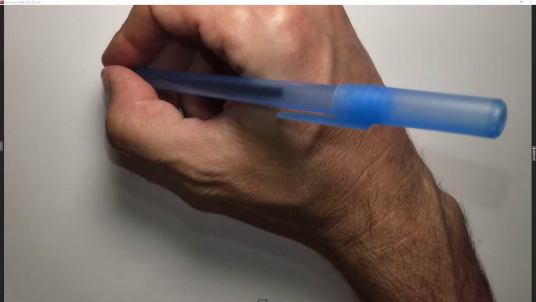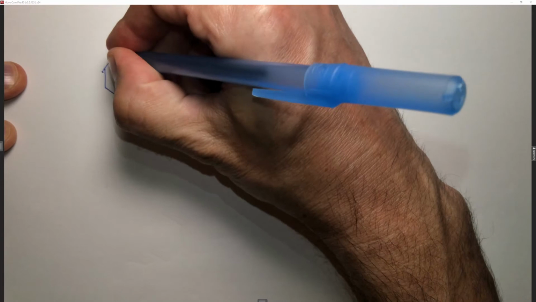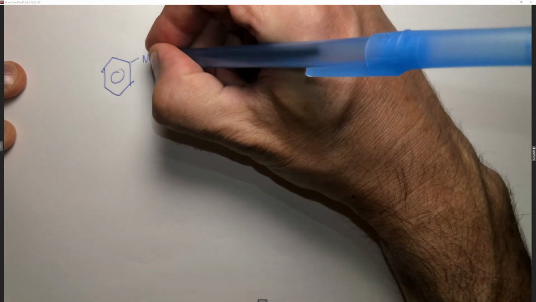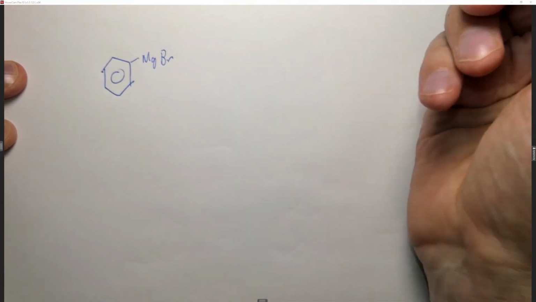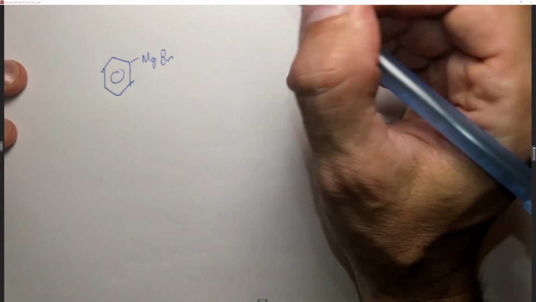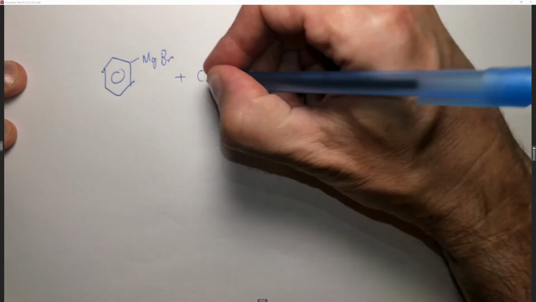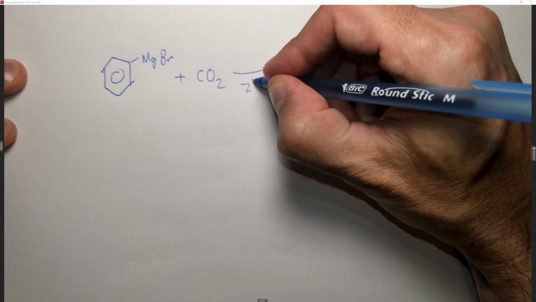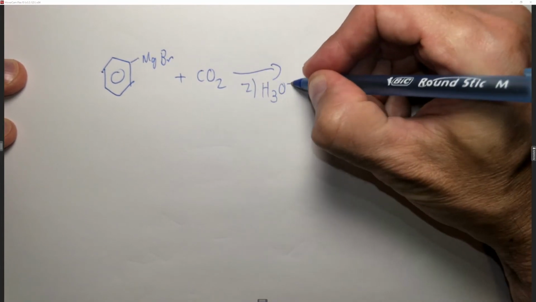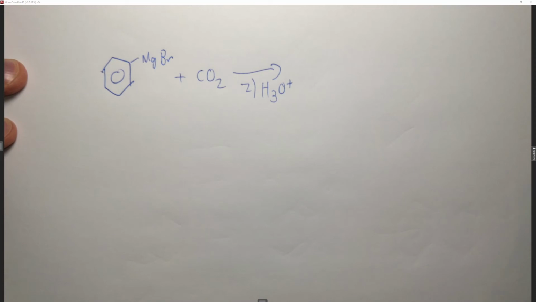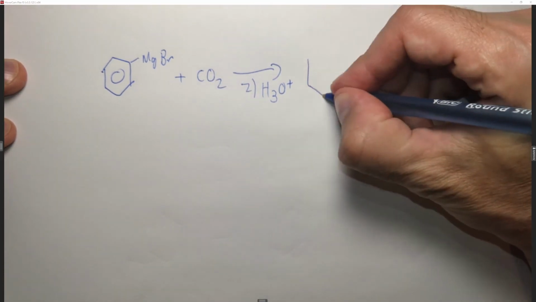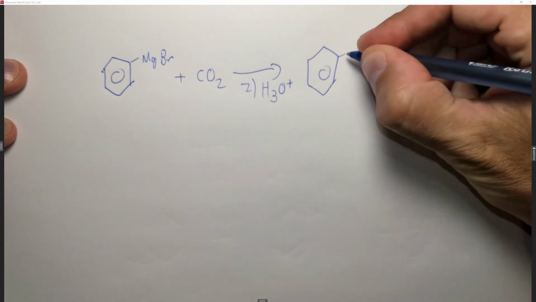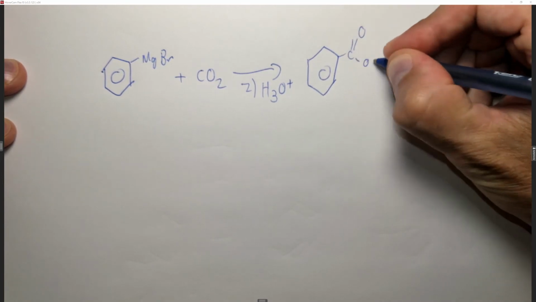So if you take phenylmagnesium bromide, a Grignard reagent, and you add carbon dioxide to it, again, usually in the form of dry ice, and then in step 2, we add H3O+, so step 1 is carbon dioxide, you can actually make benzoic acid this way, like so.